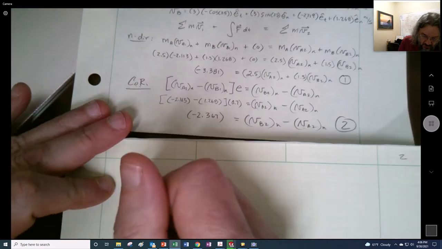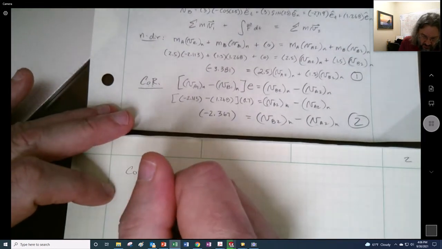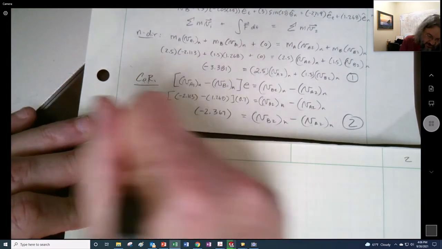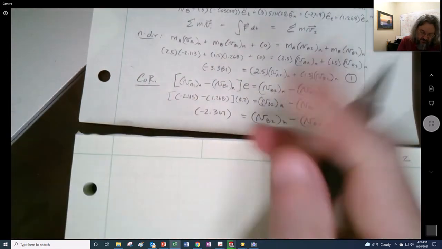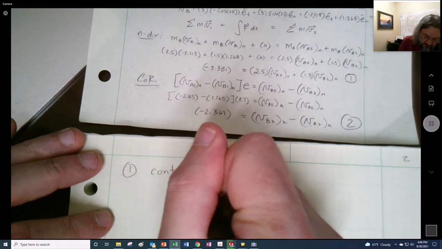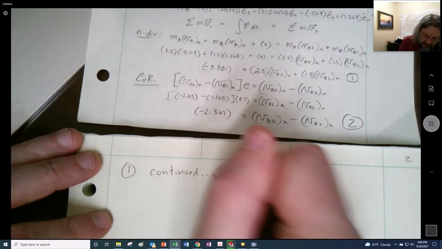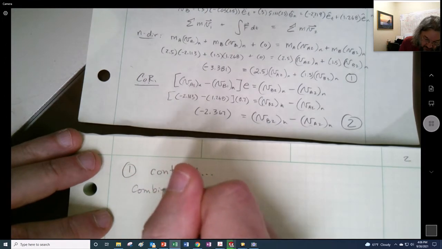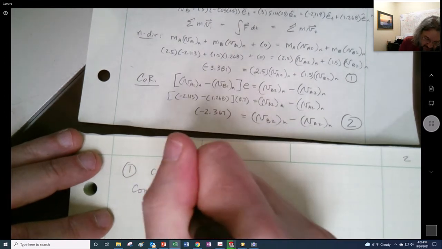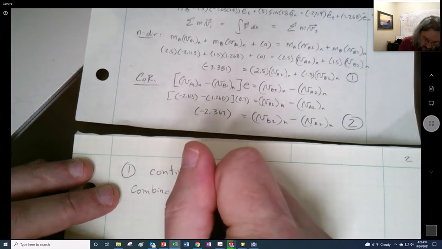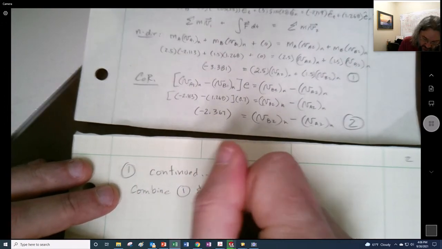Oh, I forgot to write that this is problem one continued. Keep track of stuff. And so we're going to combine 1 and 2.